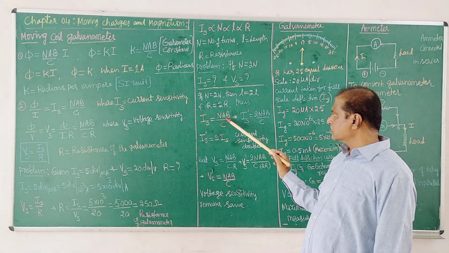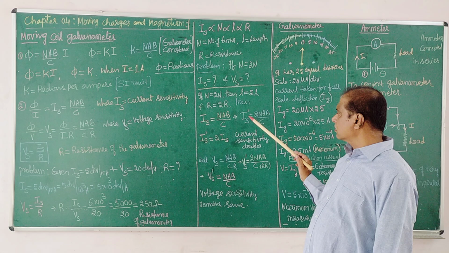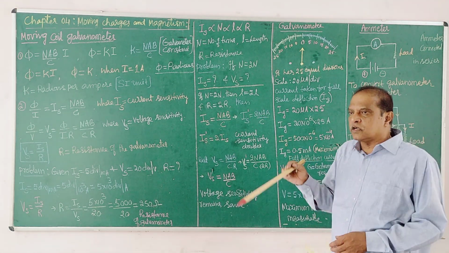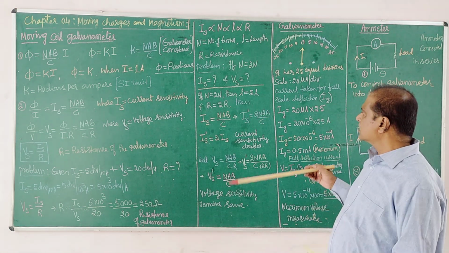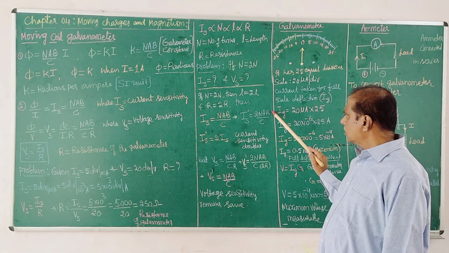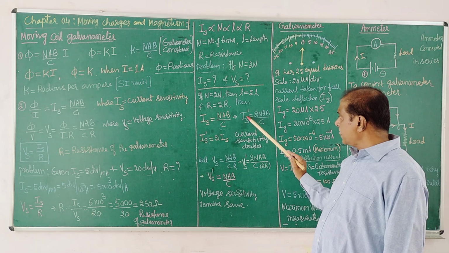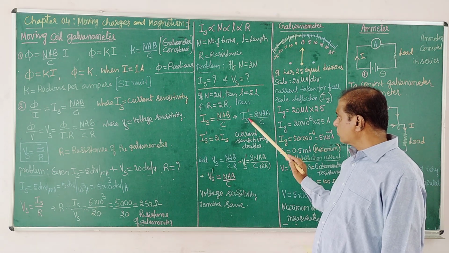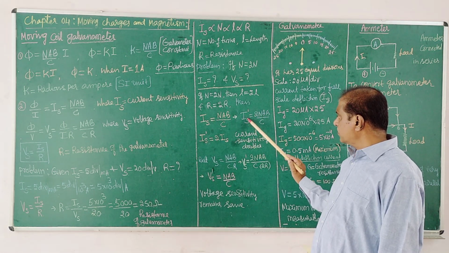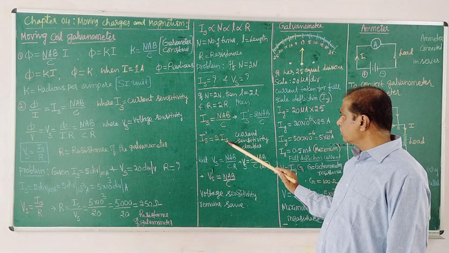Is equals this equation. Let us change n into 2n, double. Change n into 2n and see what is the effect on Is. This is the effect. And look at this, this is Is after changing the number of turns. On comparing these equations, Is dash is equal to 2 Is.